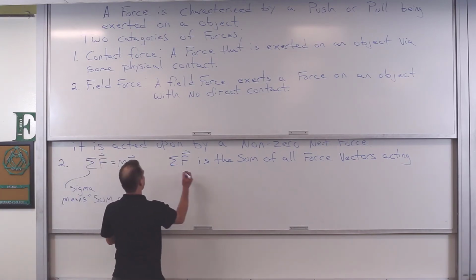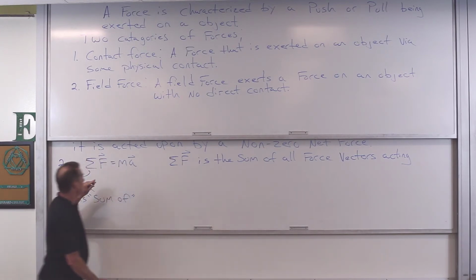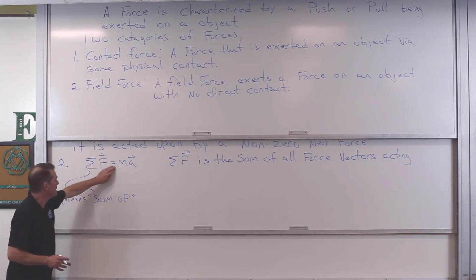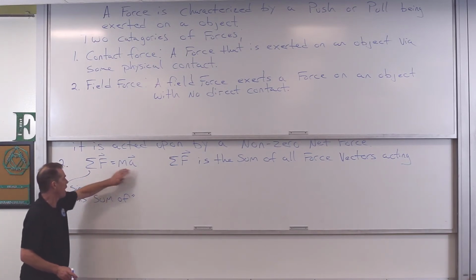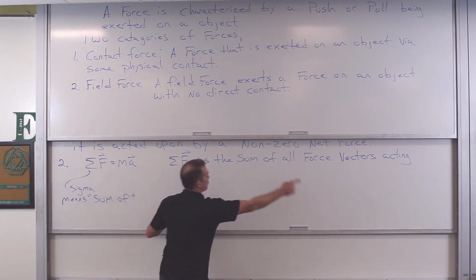The ultimate way to read this statement is that the sum of all forces acting produces the acceleration of the mass on which those forces act. So let me write that down.